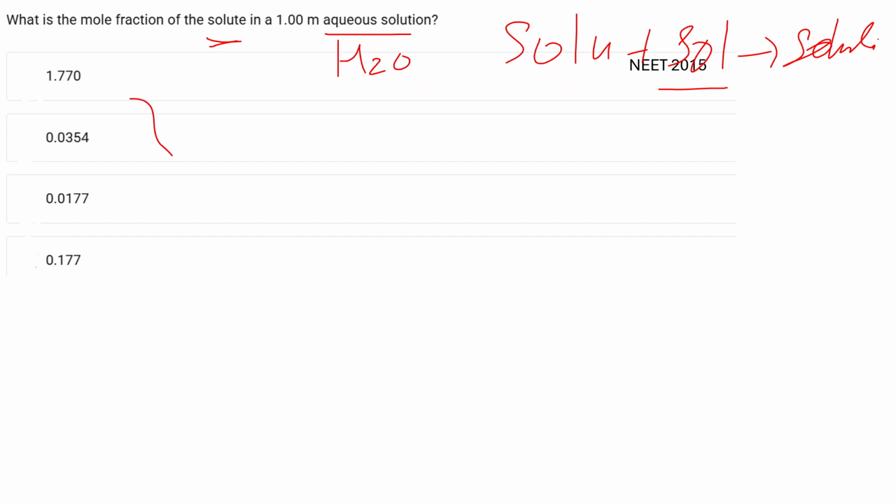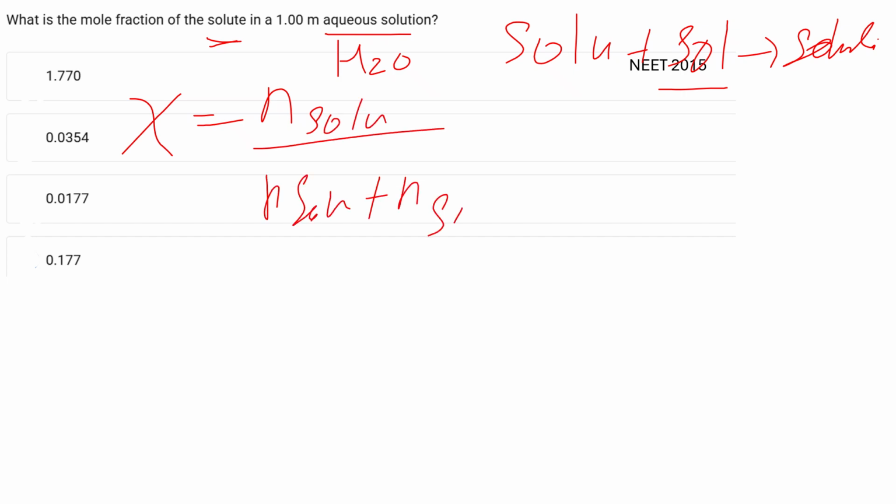Mole fraction requires the number of moles of solute plus the number of moles of solvent. We need to find the number of moles only. It is very simple. They gave only one hint: 1 molal. Every time, small m represents molal, capital M represents molar.